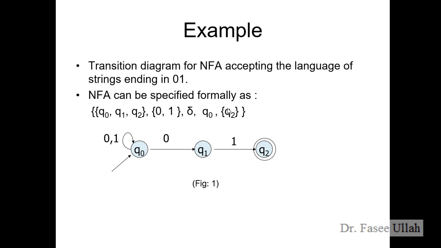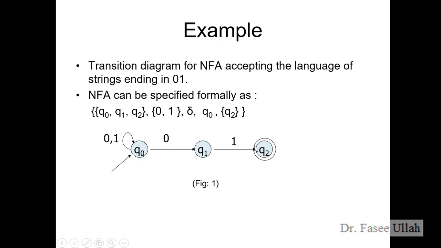Okay, the transition diagram for an NFA accepting the language of strings ending in 0, 1. The basic condition we have over here is 0, 1. Before giving the details of this example, we have to draw the desired diagram. We have states Q0, Q1 and Q2.